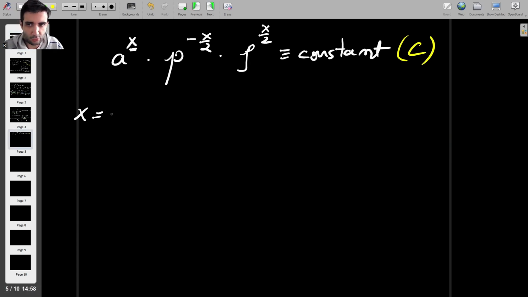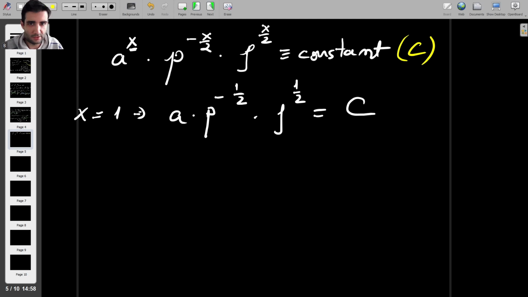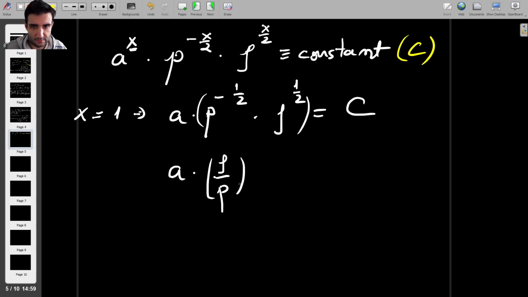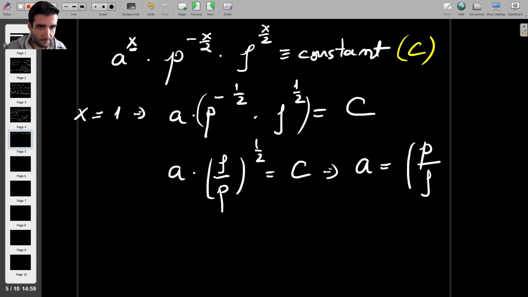So if we take x is equal to 1, then we end up with a to the 1 times p to the minus 1/2 times rho to the 1/2 is equal to this constant c. I can combine those two together: this is rho over p to the 1/2, and that is equal to c. If I cross multiply, I get that a is equal to p over rho to the 1/2 times c. And this actually looks like what they're asking for.